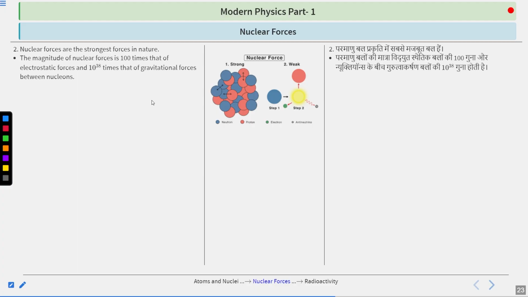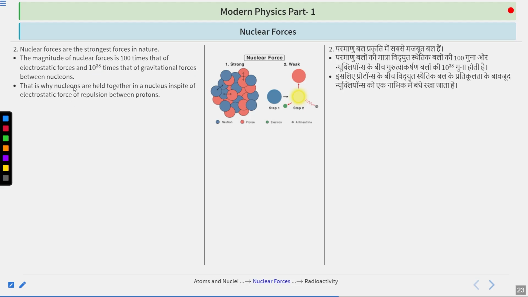The magnitude of nuclear forces is 100 times that of electrostatic forces and 10^38 times that of the gravitational forces between the nucleons, because we know gravitational force is the weakest force in nature. In comparison with this, the nuclear force is 10^38 times stronger.